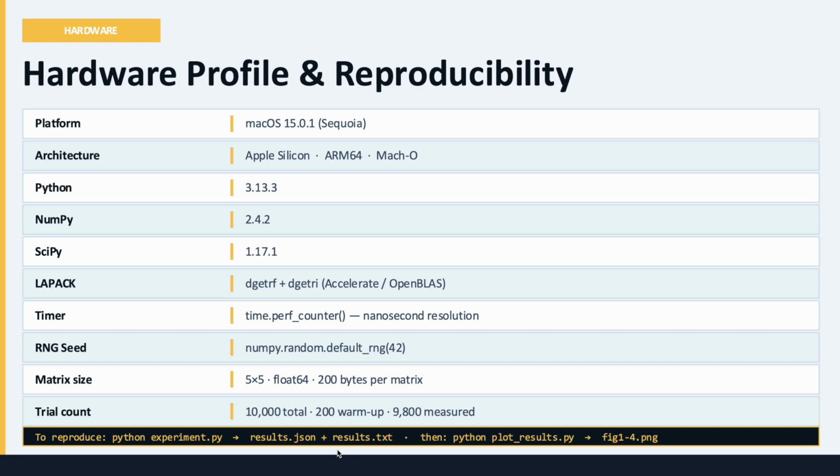The software versions were Python 3.13.3, NumPy 2.4, and SciPy 1.17. So the results would change depending on the type of processor and hardware that you perform the experiment on.